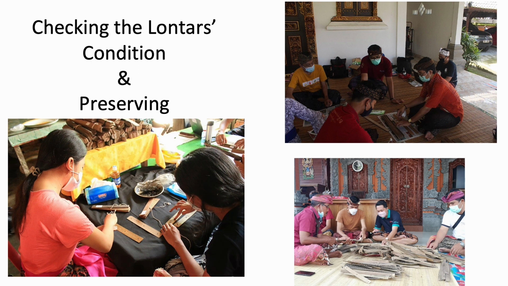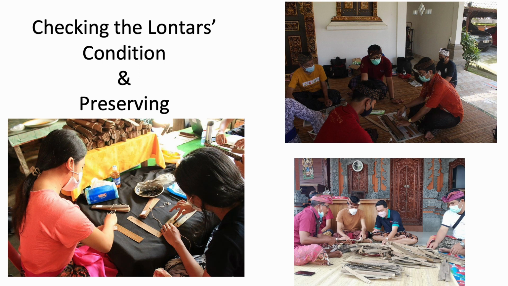When we finish checking the condition, we start to preserve the Lontar. So that image shows me checking the condition of the manuscript, and the other image shows how we preserve the Lontar.